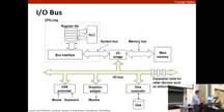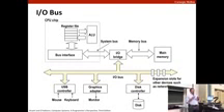Now, devices like disks are connected to the CPU and the memory via the I/O bridge over another kind of bus called an I/O bus. What I'm showing you now is actually not representative of modern systems. It's representative of what was called the PCI bus about 5 years ago.